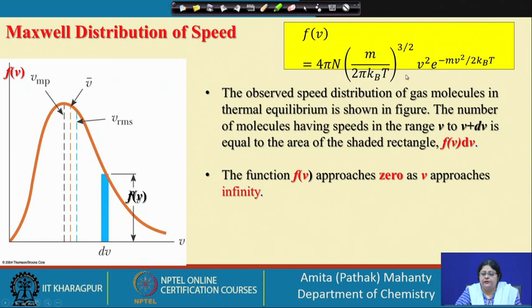When we talk about the exponential term, the function approaches 0 only when the exponent becomes very large. This is one of the features of the Maxwell-Boltzmann distribution.